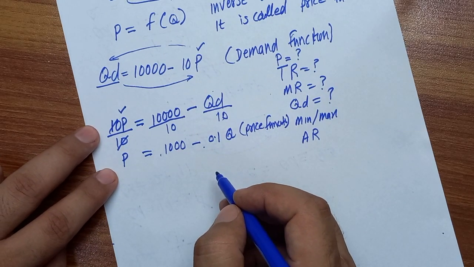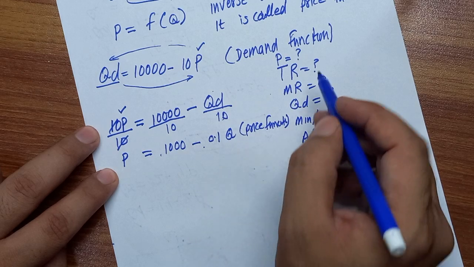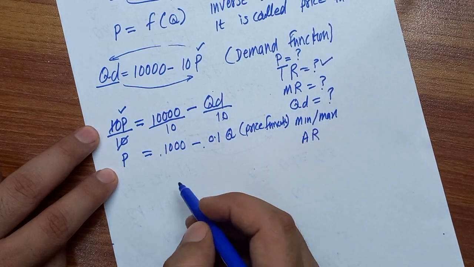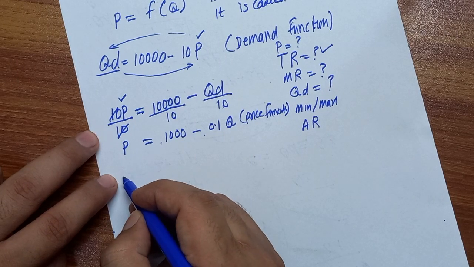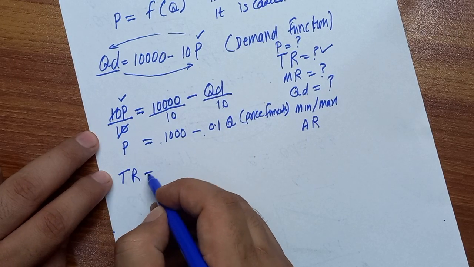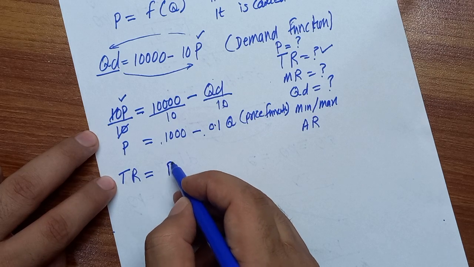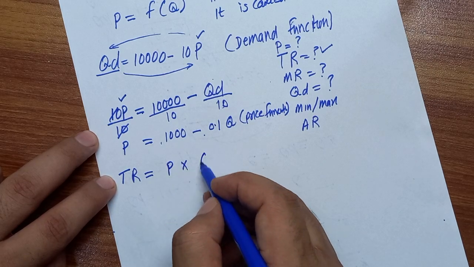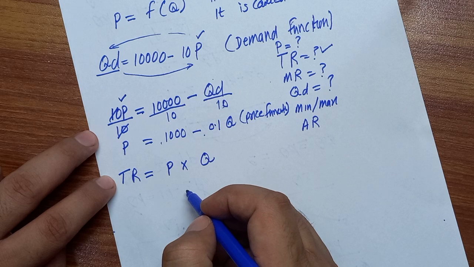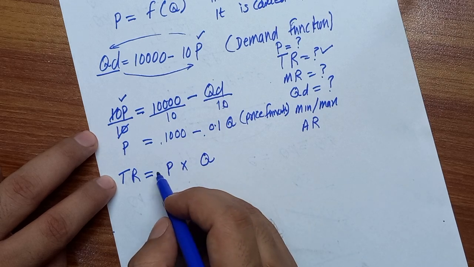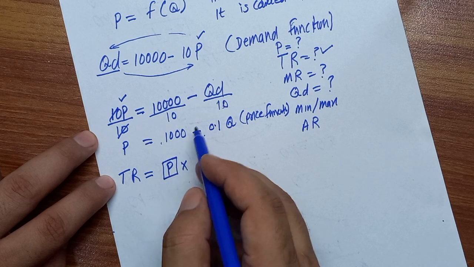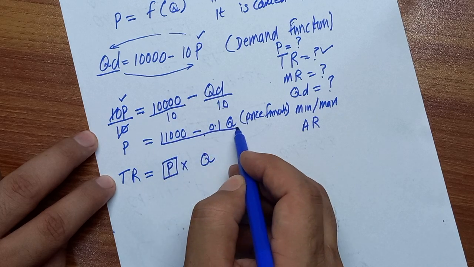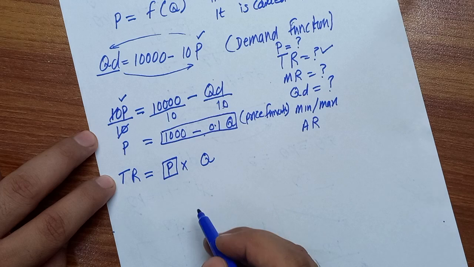Now we are going to find total revenue. So total revenue is equal to price multiply quantity. So this is the formula of total revenue. Instead of price, we will put this price function.